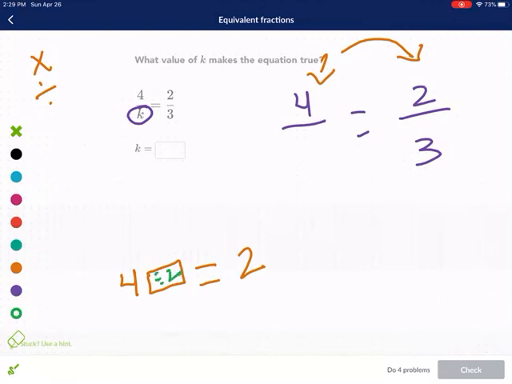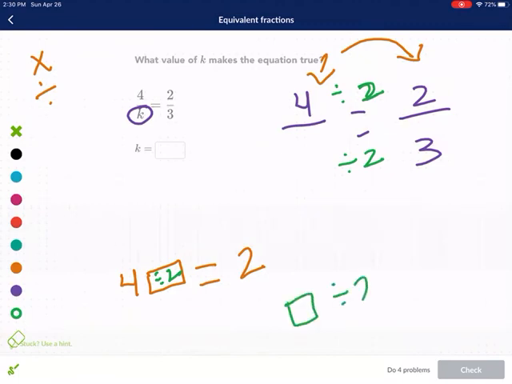I'm going to put in there 4 divided by 2 equals 2. Because I can't multiply 4 by anything to get 2. So it's got to be division. So what I did here was I did 4 divided by 2 equals 2. And I know from my experience, whatever I do to the top, I have to do to the bottom, whatever I do to the bottom, I have to do to the top.